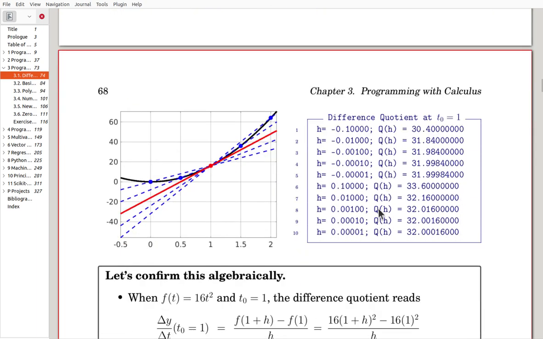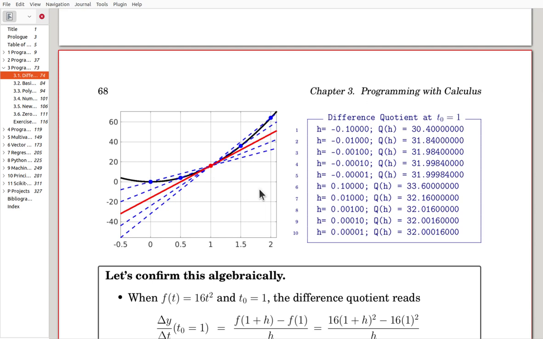As h becomes smaller and smaller, the quotient is approaching 32, from the negative direction and from the positive direction. In this figure, the blue dashed lines are the secant lines, and the red one is the tangent line. At 1, we can see the tangent line.